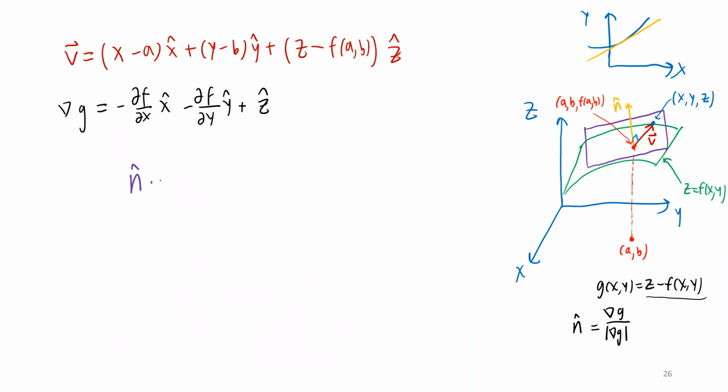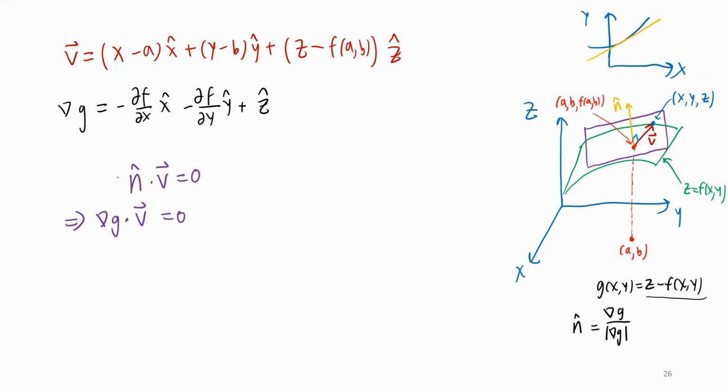This equation is representing this plane, because any vector along this plane is perpendicular to the n vector. And that is equivalent to saying that the gradient of G dot v is 0.